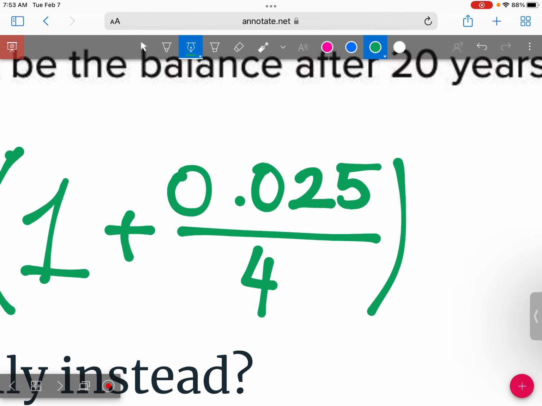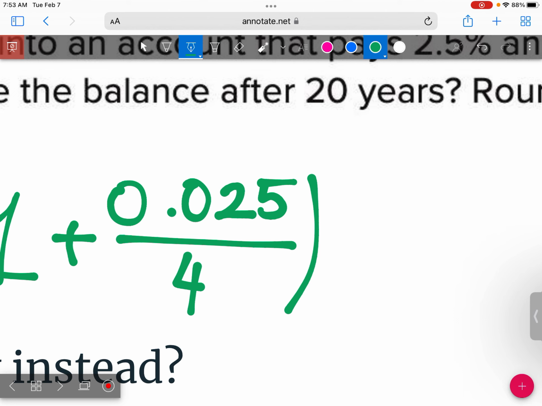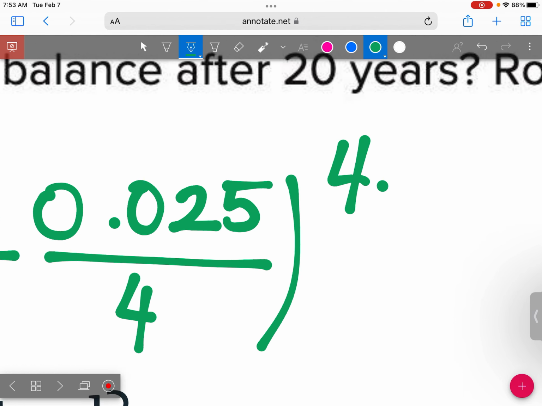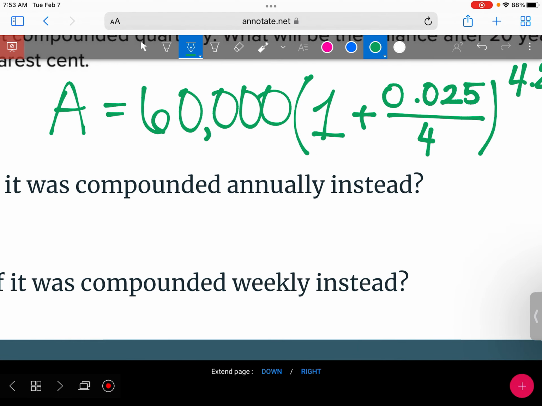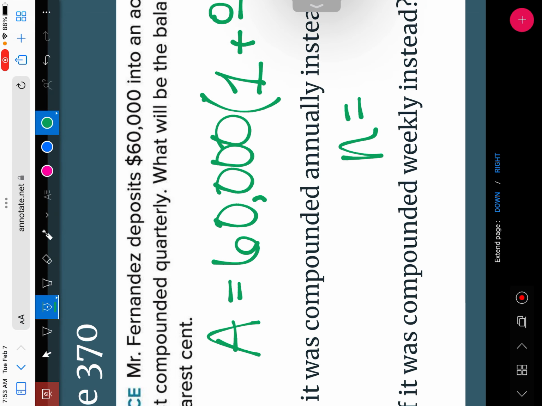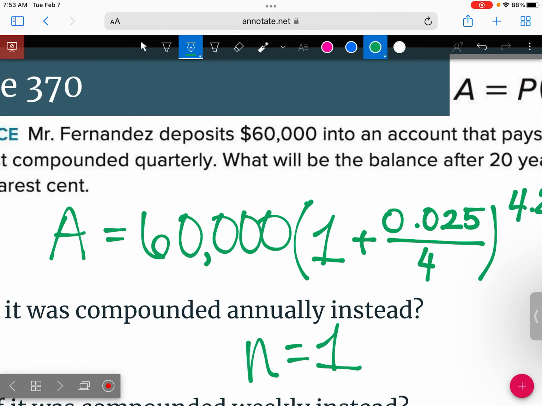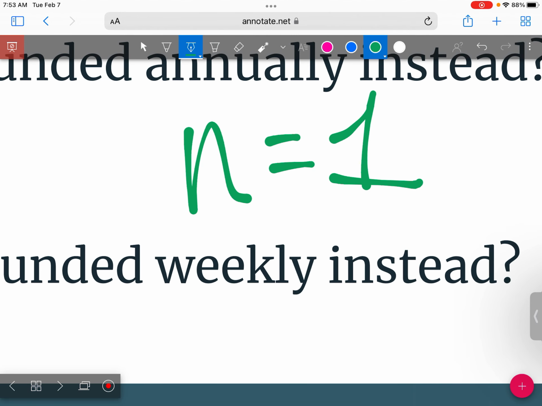And what's our t? 20, yeah. And then what would our n be if it was compounded annually? 1. And what would it be if it was compounded weekly?